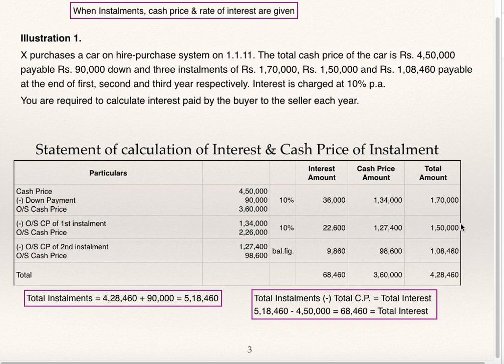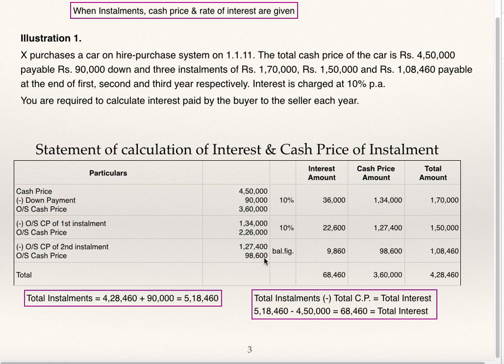Installment amount including interest 1,50,000. Second installment amount 1,50,000 minus 22,600 is cash price 1,27,400. Now deduct 1,27,400 from 2,26,000. You will get outstanding cash price 98,600.